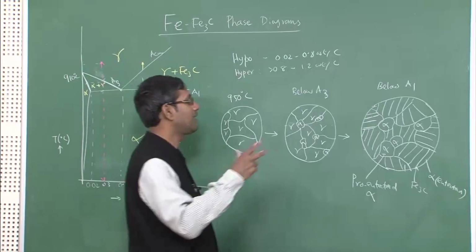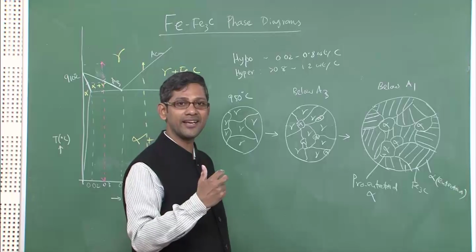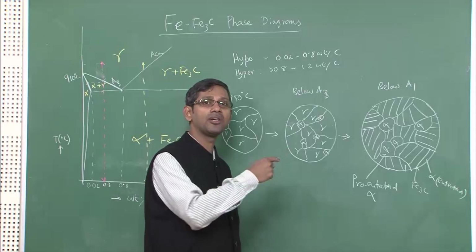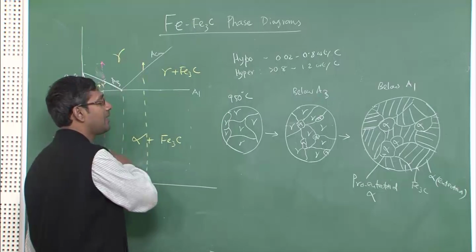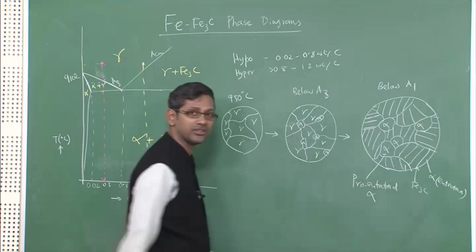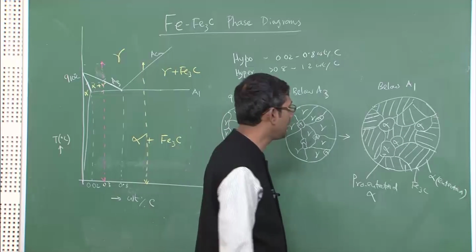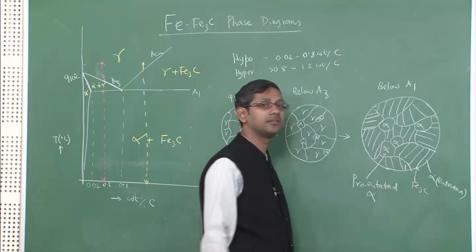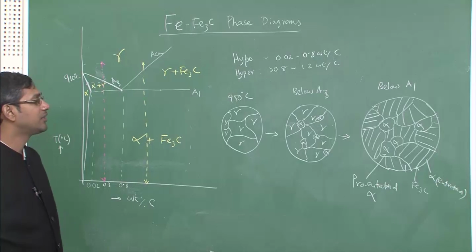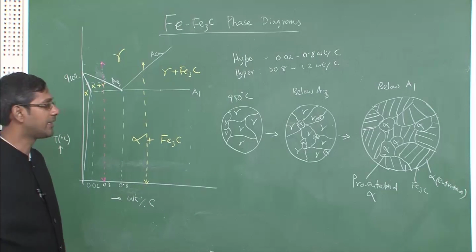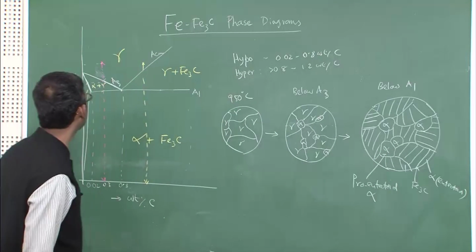As I told you at the very beginning of this course, the microstructure connects to the mechanical properties of the material, and here we can process the material in such a way that I generate a beautiful microstructure in which alpha grains give me the ductility or toughness, and the pearlite, because of the presence of cementite, gives the strength. So, I get both. What else do I need? I do not need anything else. So, this is the way the transformation will happen for these.